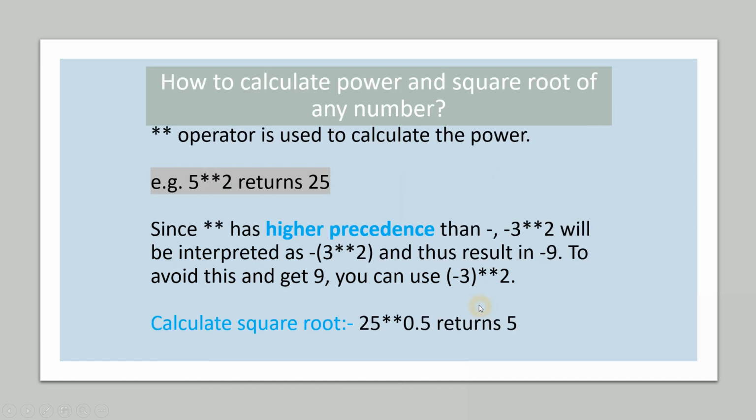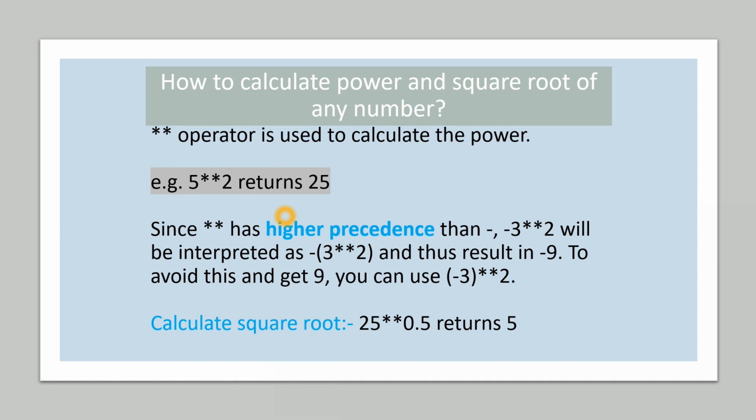All right, next, suppose you want to calculate the power of any number, then how do you calculate that? Like I have a number 5 and I want to calculate its power, then I need to write 5 star star 2.